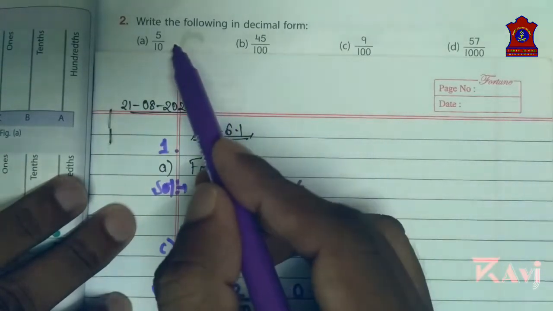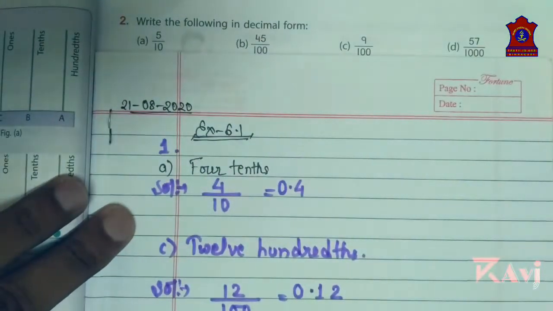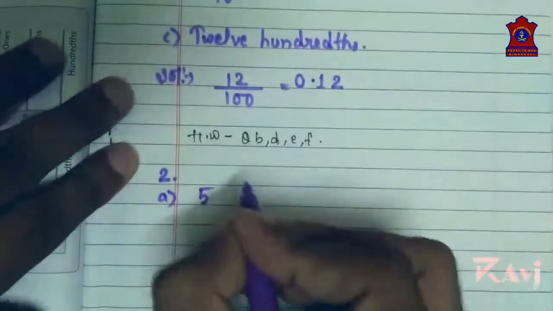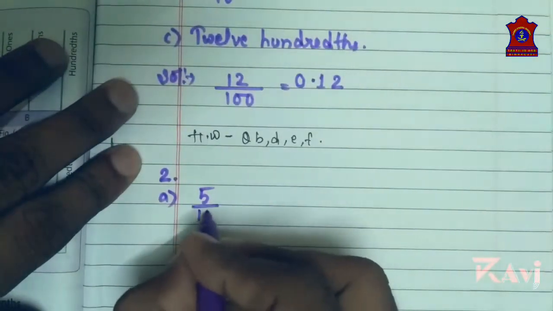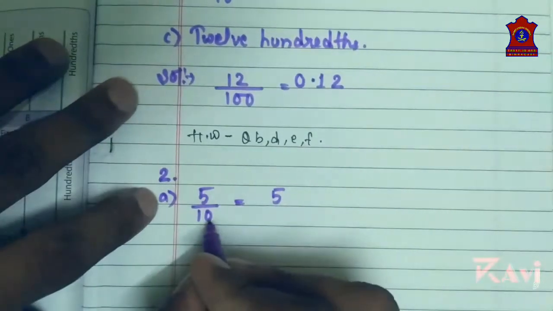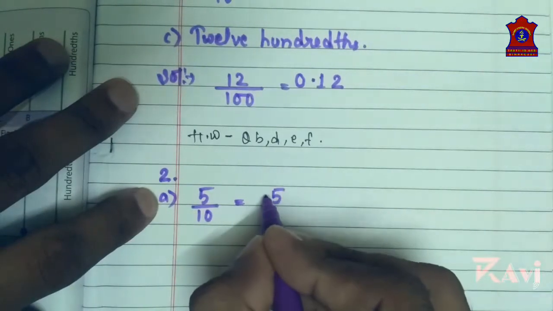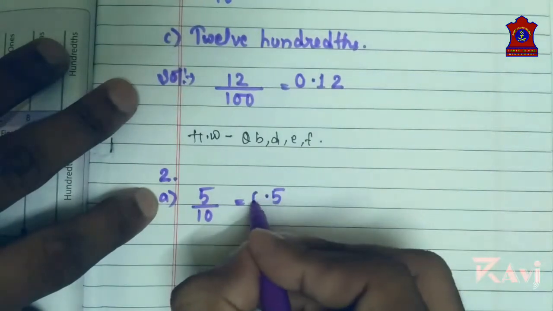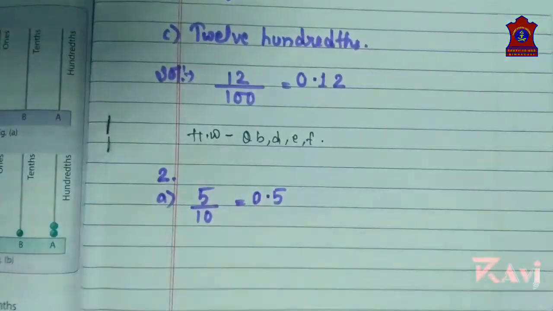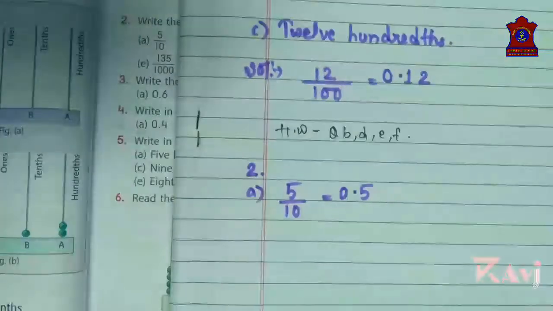Here the fraction is already given. You have to write the decimal form. It's very simple. So I'll do only one question from B. 5/10 equals to, write 5. How many zeros are there in the denominator? 1. So from the right, count 1 and put a decimal. So the value will be 0.5. The rest of all you will be doing for practice. Clear?